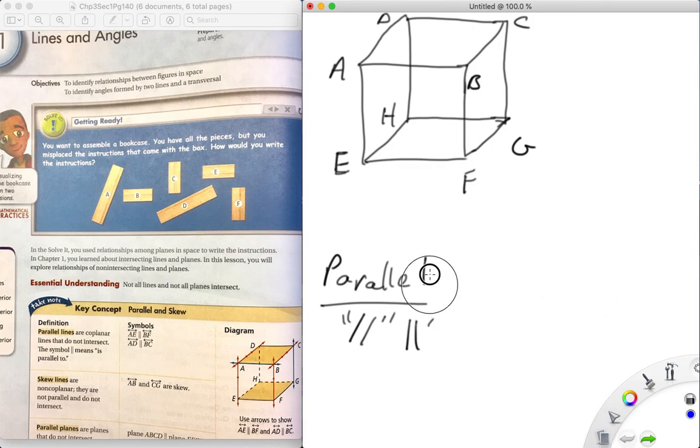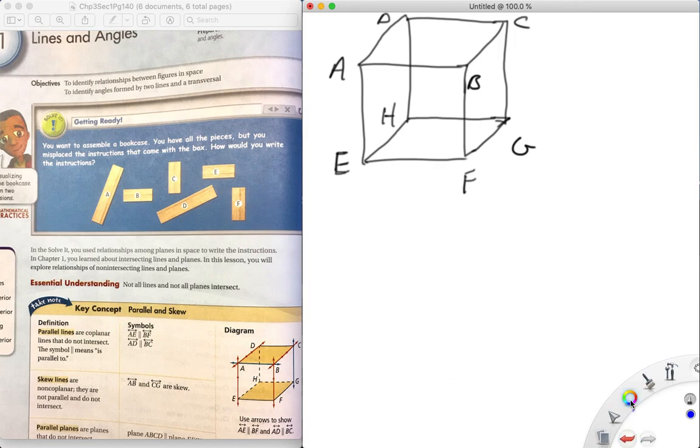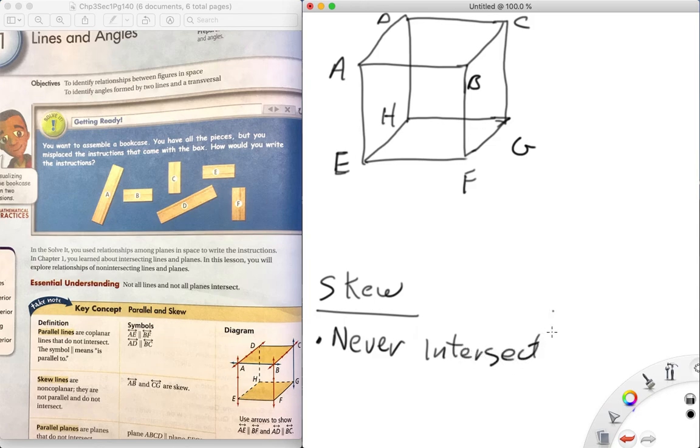Skew lines are lines that never intersect, they're not parallel, and they're not coplanar, meaning they're not in the same plane. They never intersect, they're not parallel, they're not coplanar.